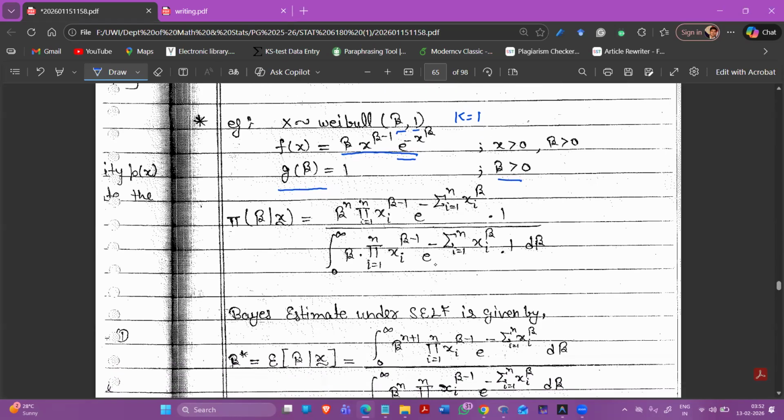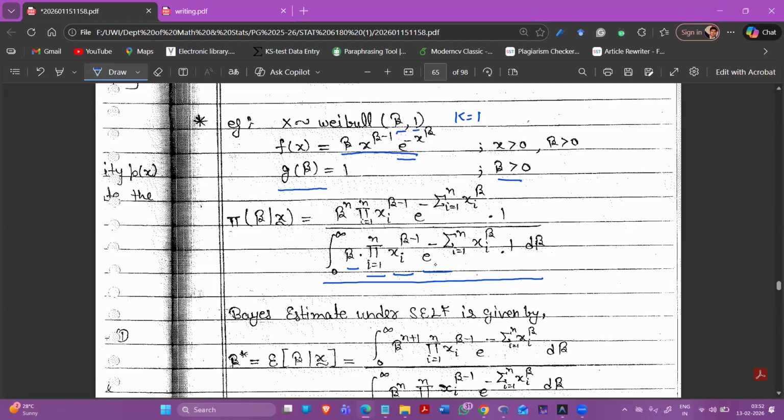So can you solve this integral? You need to solve this integral with respect to beta. Beta is there, then in the product xi raised to the power beta minus 1 is there, and again e raised to the power minus summation xi raised to the power beta is there.